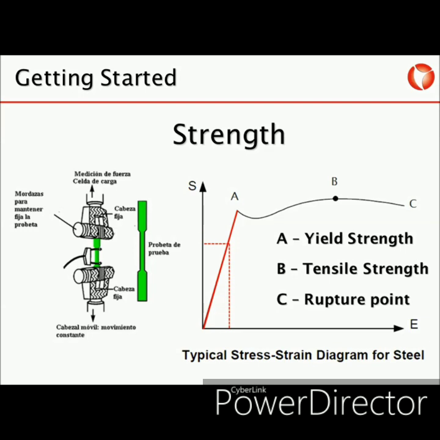When this point is exceeded, the material is no longer elastic. Releasing the load in this range leaves the specimen with a permanent or plastic deformation. Point B is known as tensile stress, and point C is known as rupture point.